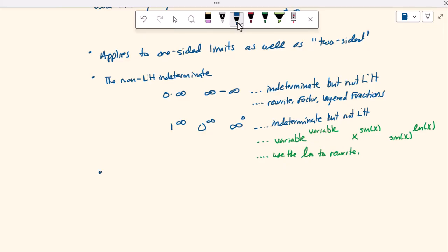Now, one more thing about L'Hopital's, you can apply L'Hopital's as many times as you need to until you get an answer. But as you're applying it, at any point along the way, if you don't get an indeterminate L'Hopital form, you have to stop using it and find another method. So you can only apply L'Hopital's multiple times if each iteration, or each time you apply it, results in another indeterminate L'Hopital's form.